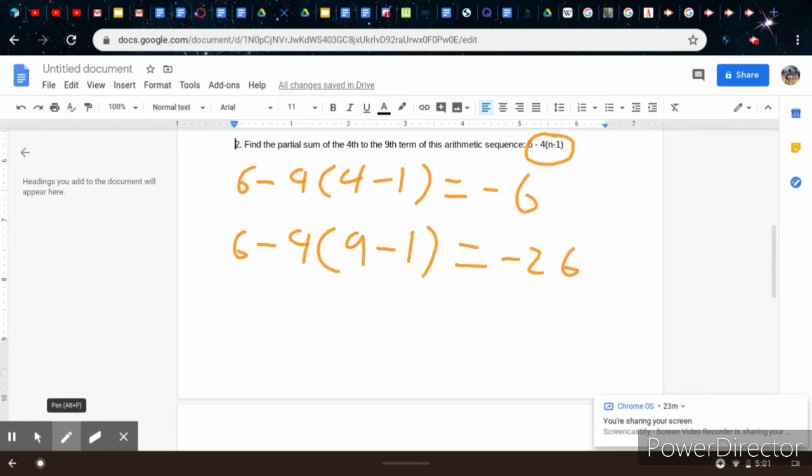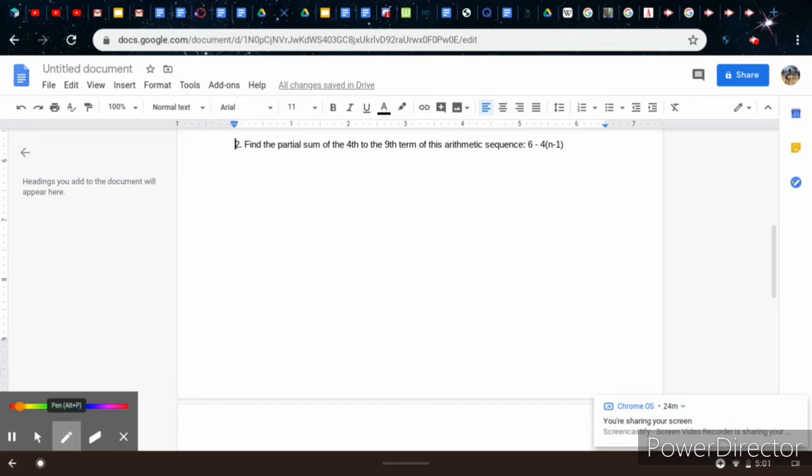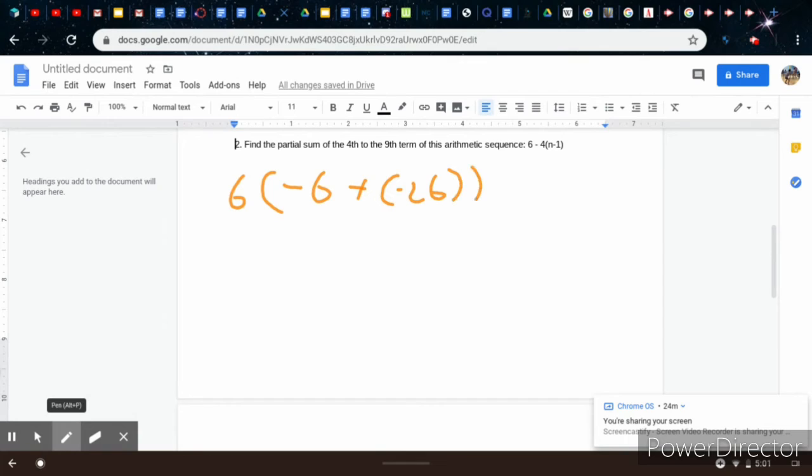So now let's plug this into our equation. Same thing. Okay, so we know n equals 6. So we first have 6 times, we know a1 is negative 6, so negative 6 plus, and we know an is negative 26, so just plus negative 26, and all of that over 2.